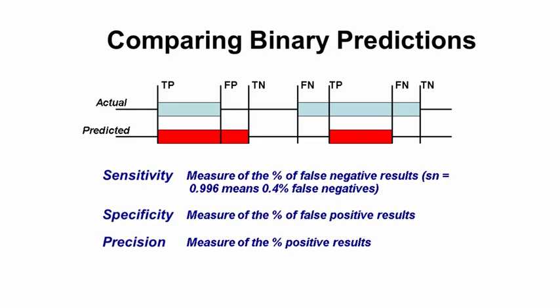So sensitivity is essentially a measure of the percentage of false negatives. So remember, if there's an N in the word, it's percent false negatives. Specificity is the percentage of false positives. So there's a P in the word, so remember that's false positives. And then precision is a little different, but it's a measure of the percentage of positive results overall.